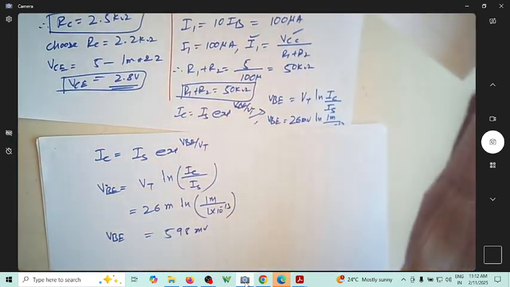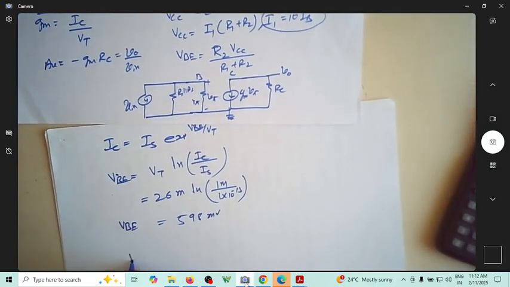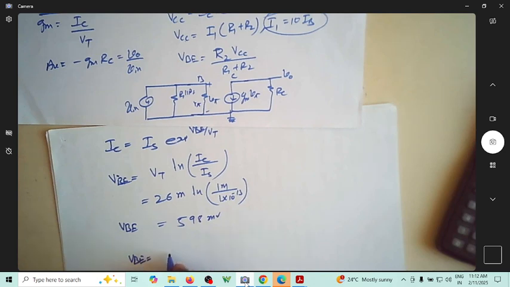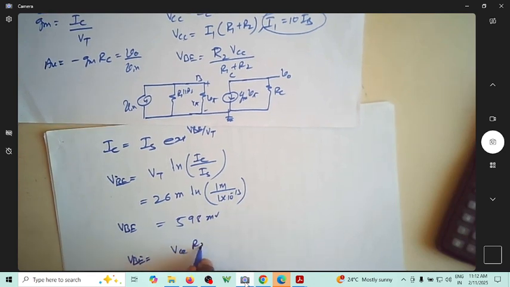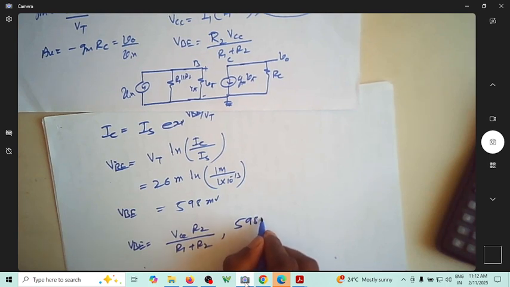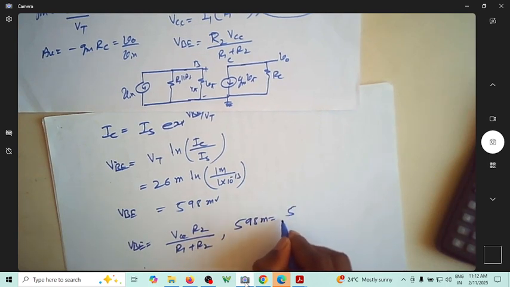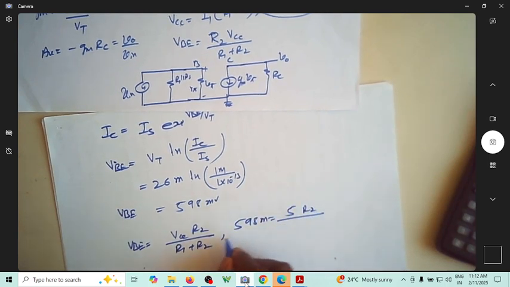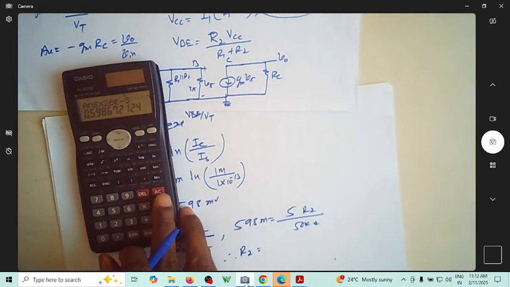So we have another expression for VBE. VBE is VCC into R2 by R1 plus R2. So 598 millivolt is equal to 5 into R2, and R1 plus R2 is 50k. So find R2. So what is R2 now?